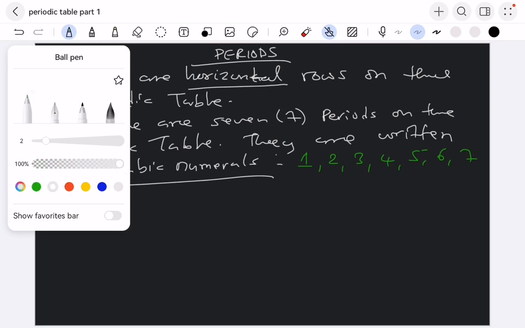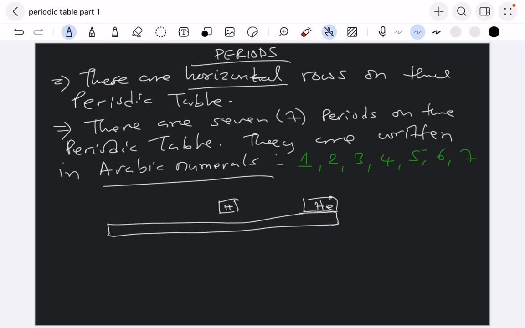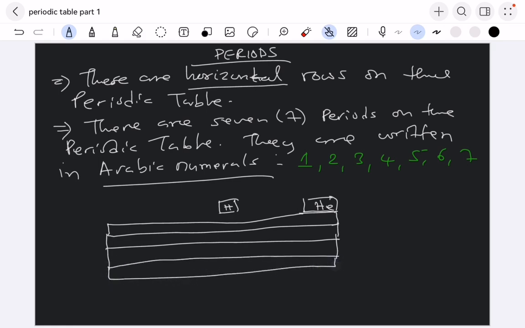So how do they appear if we are looking at them on the periodic table? So we have hydrogen and helium. So this happens to be the first period, and then we'll have, obviously not drawn to scale, period 2, period 3, period 4, period 5, period 6, period 7.